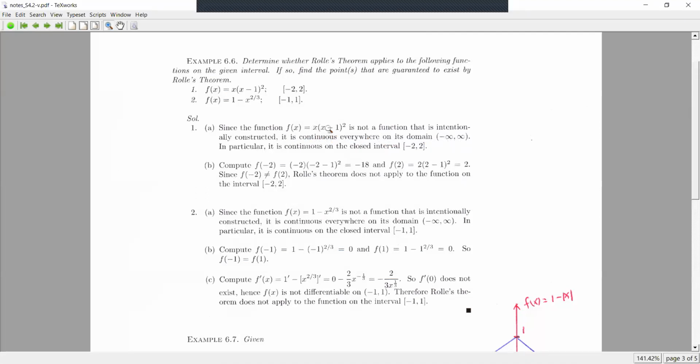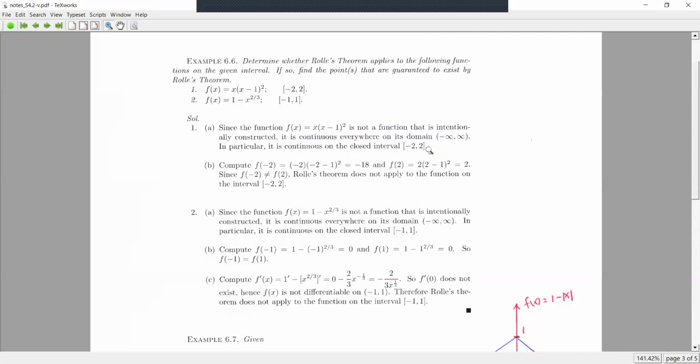So the graph of this function is continuous everywhere. In particular, the function is continuous on the given interval. So condition 1 in Rolle's theorem is satisfied.